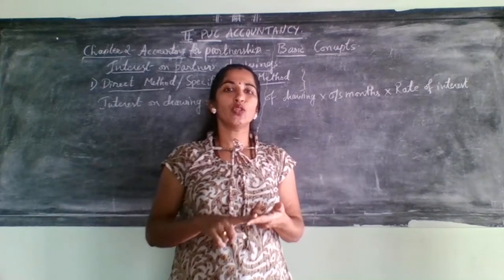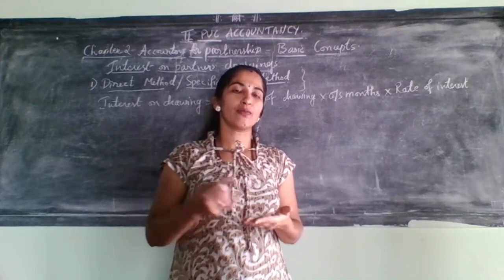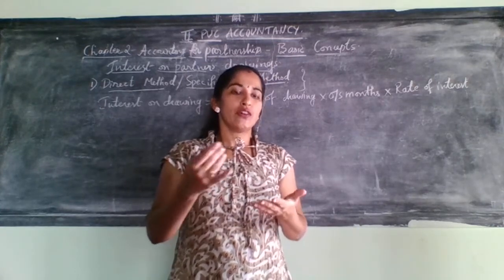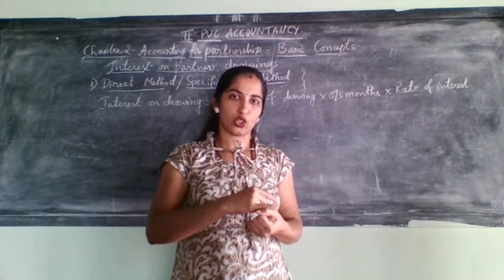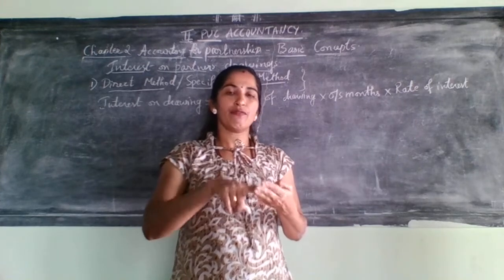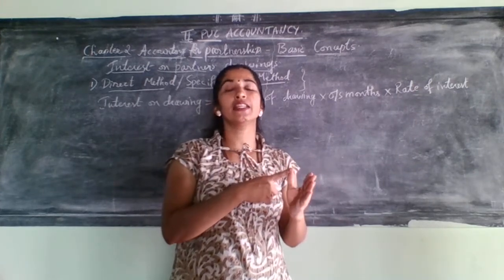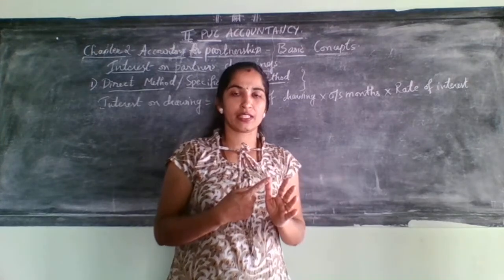Now the outstanding months will start from 1st June, which means you need to include June, July, August, September, October, November, December, January, February and March, till 31st March. So outstanding months will become 10 months.